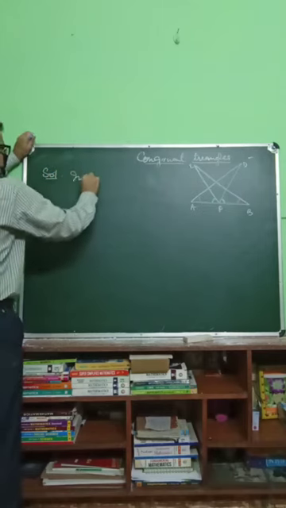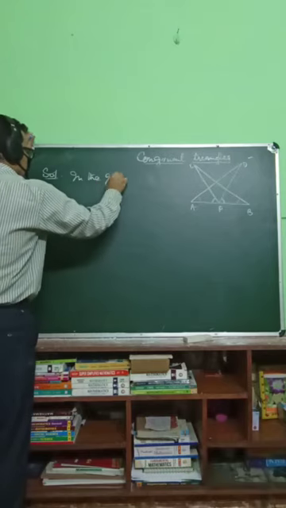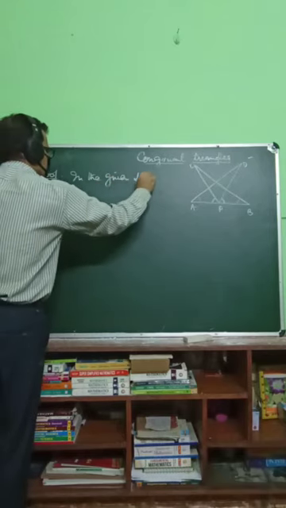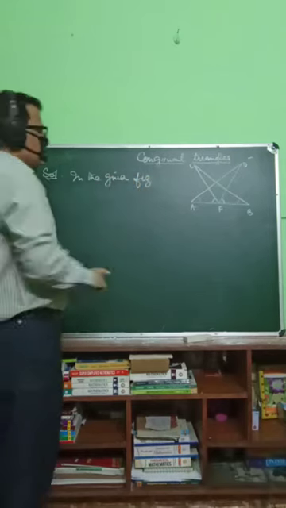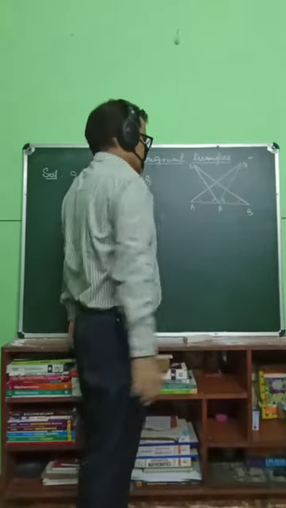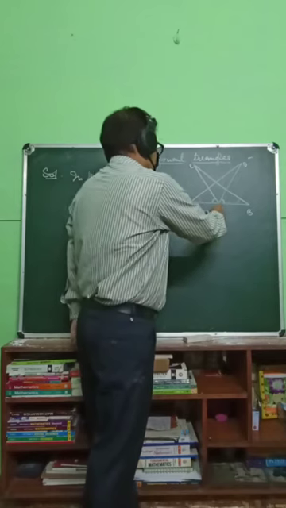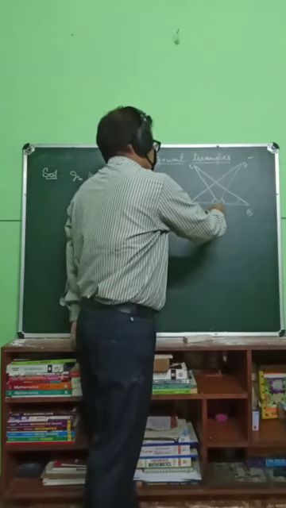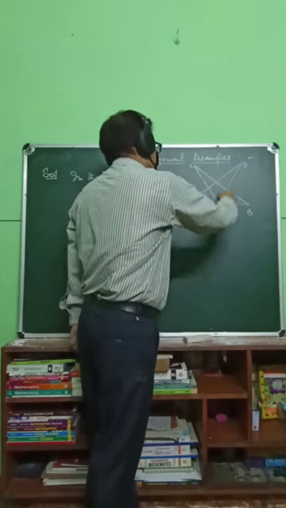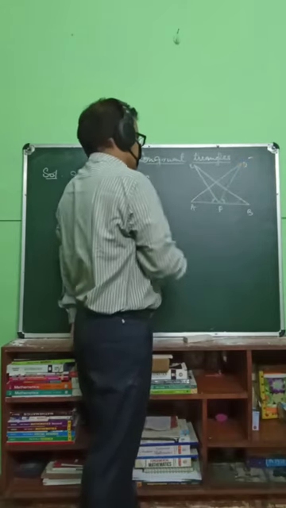In the given figure, I am once again repeating, AB is a line segment, P is its midpoint. From P, a line segment PD has been drawn and DA has been joined.